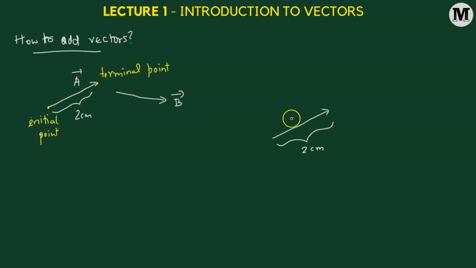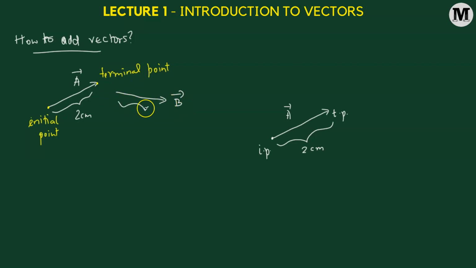So here we are actually taking another vector A which is equal to the original vector A. In fact, they are clones of each other. Now we have the initial point, IP, and the terminal point, TP. Now we're going to pick up vector B. We are also going to move this vector B without altering any of its properties, keeping its length and direction intact.